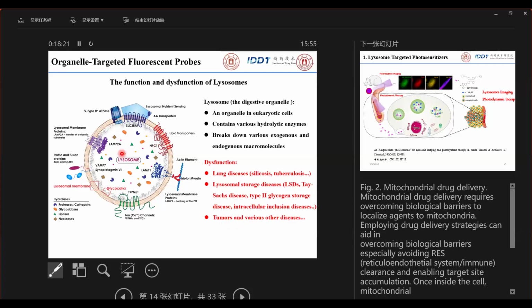It is acidic, with a lower pH. Normally for our body or cells, the pH is about 6.8 to 7.2, but in the lysosome it's an acidic environment. The pH can be as low as 4.8, around 5. So it's like the digestion in our stomach.